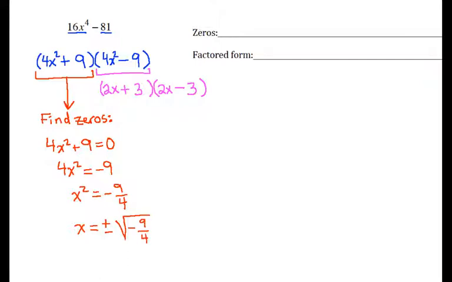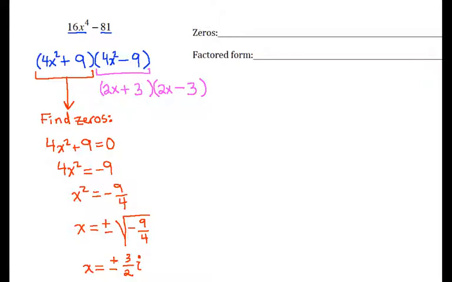I can apply that square root independently to the numerator and denominator, which gets me x equals, since this is a negative number inside the square root, an imaginary result, plus or minus 3/2 times i.